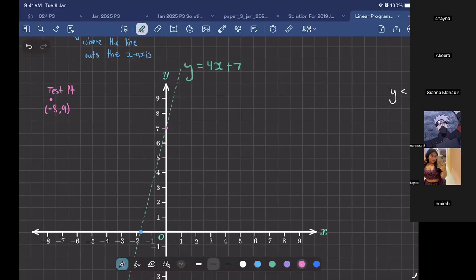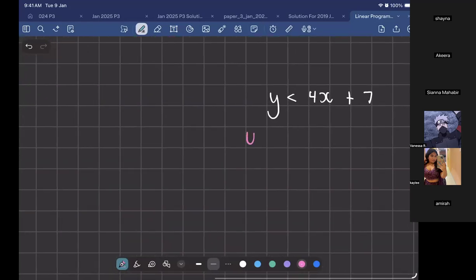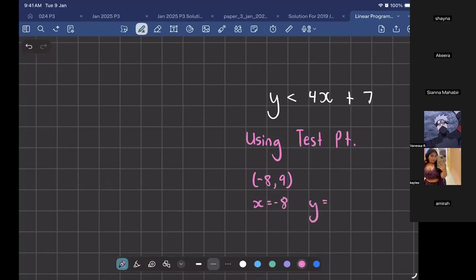Minus 8 is the x value and 9 is the y value. Right. So using the test point, minus 8, comma 9, x is equal to minus 8 and y is equal to 9.